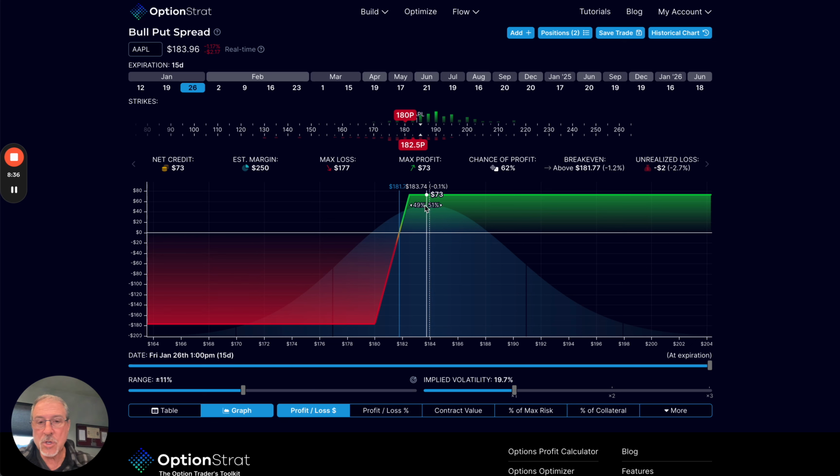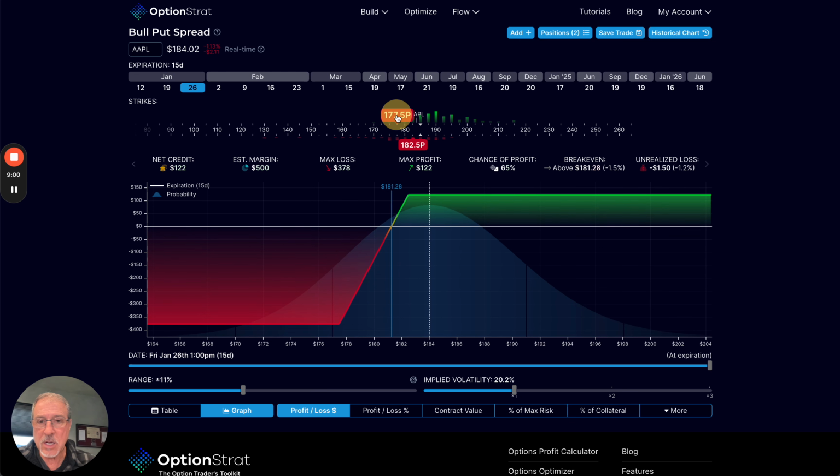When I get closer to the money, I will, in fact, get higher levels of premium for selling that put. But look what happened to my probability of profit. It did drop a little bit. So am I willing to trade that lower chance of profit for a higher credit that I'm going to take in? That's, again, something every trader needs to kind of consider.